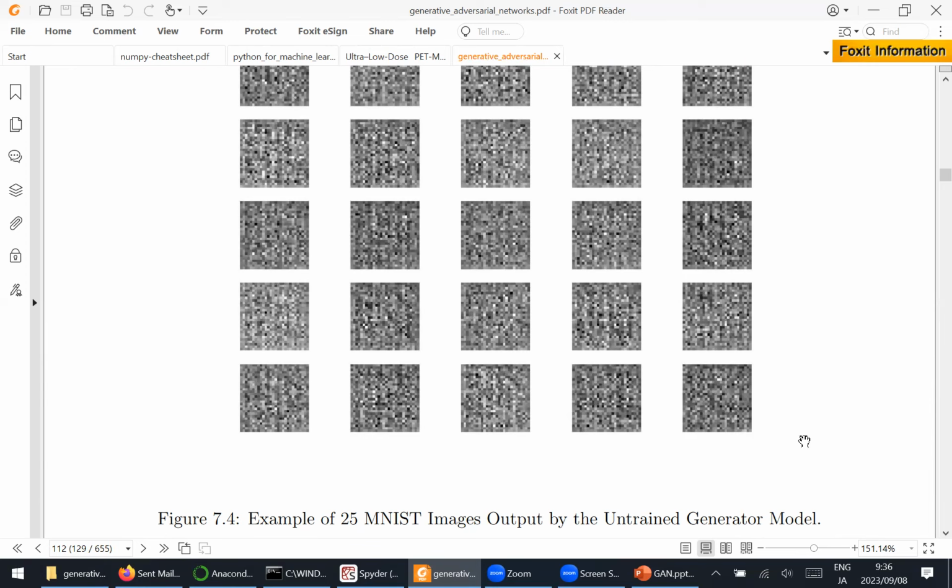So at first the discriminator has an easy job discriminating between the fake and the real.